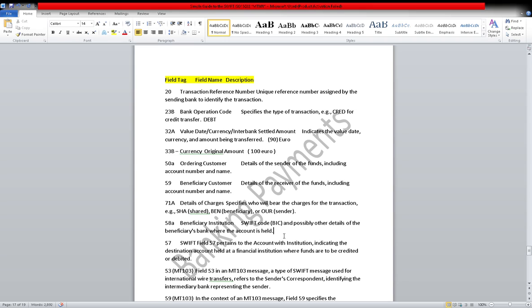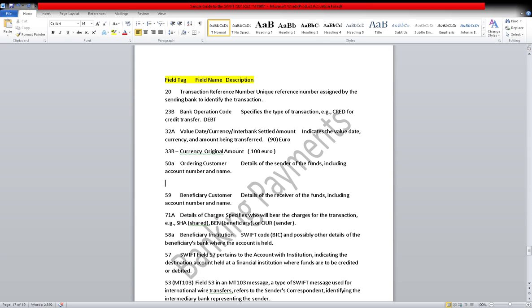So 50K means here, if I write down here. So like this, you have to identify what is 50K. 50A, ordering customer, funds including account and name.